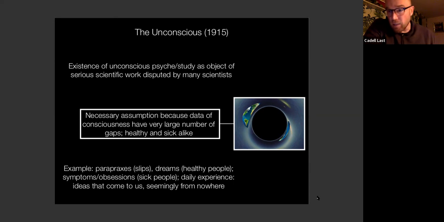And in daily experience, just common experience, ideas that come to us seemingly from nowhere. If you pay attention to your psyche, the more I reflect, for example, on my psyche using the models of consciousness, pre-consciousness, and unconscious, the pre-conscious is, according to Freud as well, to some degree available to consciousness if you're paying close attention.